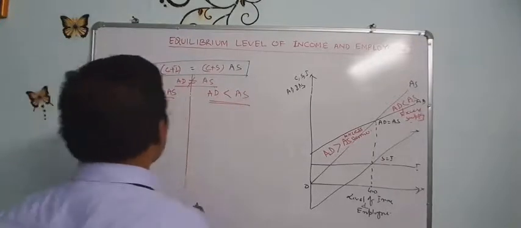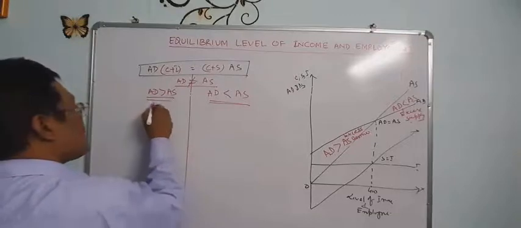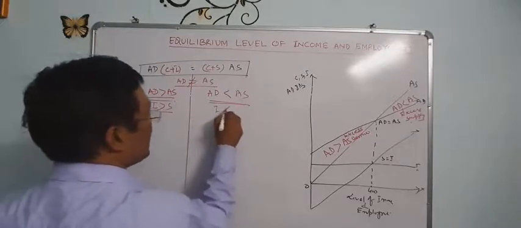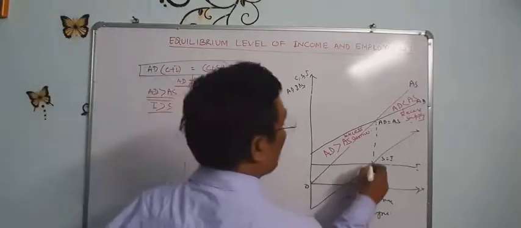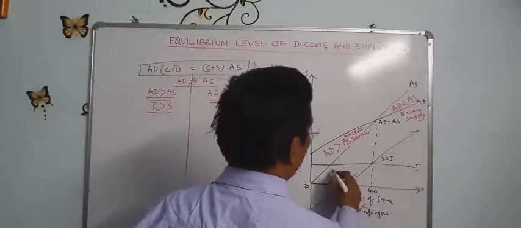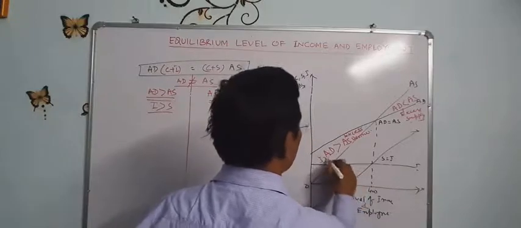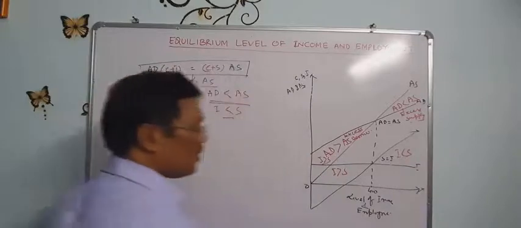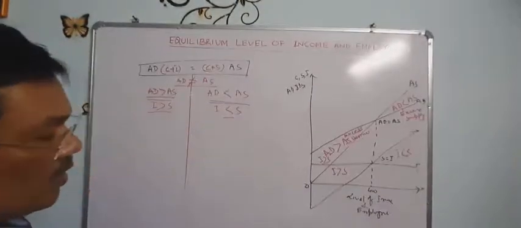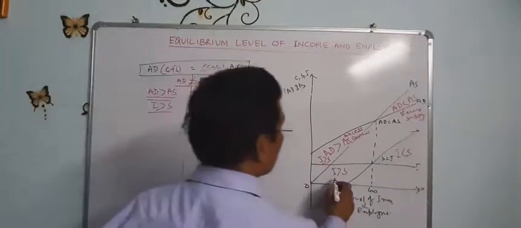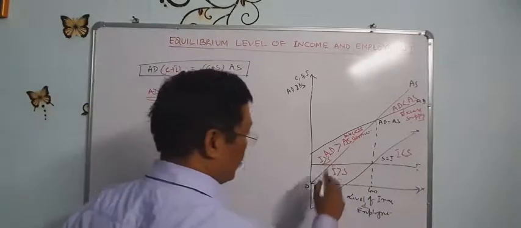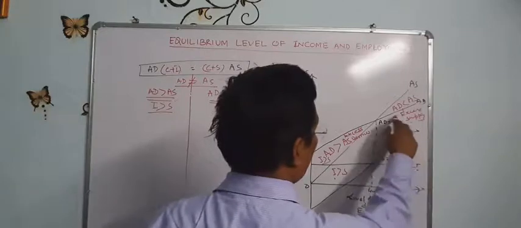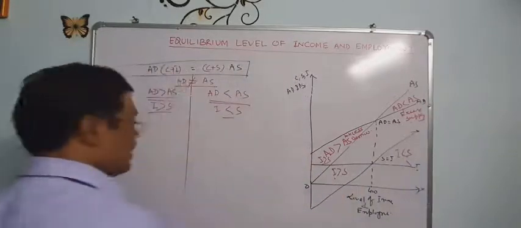Whenever AD is greater than AS, I is greater than S, up to this point. Here I is less than S. When investment is greater than saving, it is called excess demand, or AD is greater than AS. When investment is less than saving, it is called excess supply, or AD is less than AS.